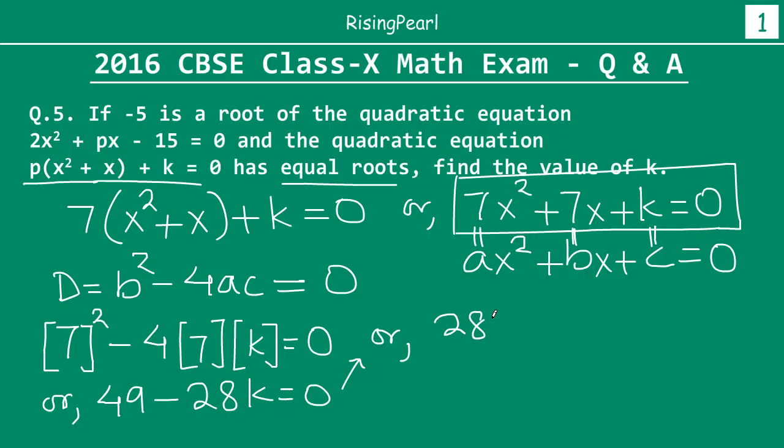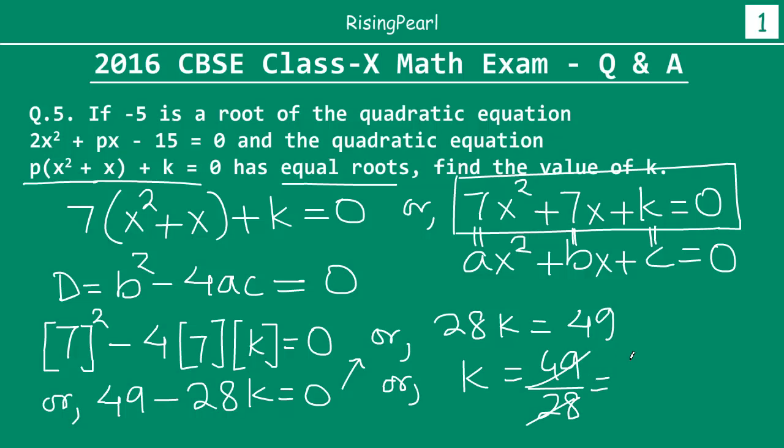So 28k will be equal to 49, or k will be equal to 49 divided by 28. Obviously we can have 7 as a common factor. 7 sevens are 49 and 7 fours are 28. So the value of k is equal to 7 divided by 4.